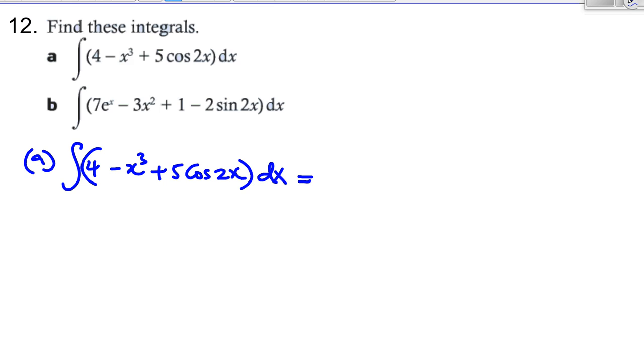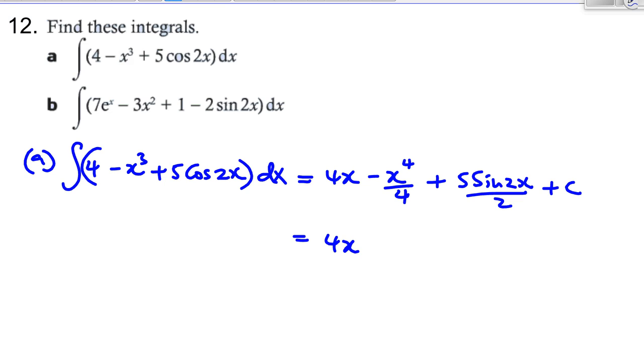That will give me 4x minus x to the power 4 over 4. Just integrate term by term. Plus, now this will be 5 sine 2x over 2 plus c, which means we have 4x minus x to the power 4 over 4 plus 5 over 2 sine 2x plus c.